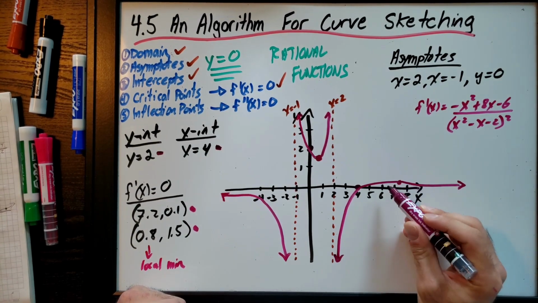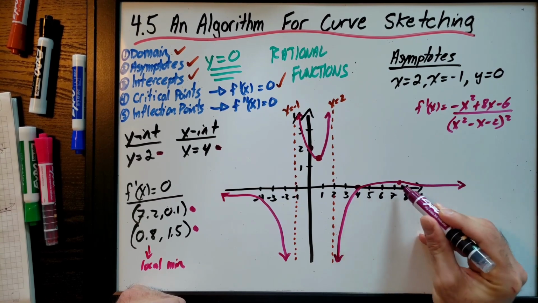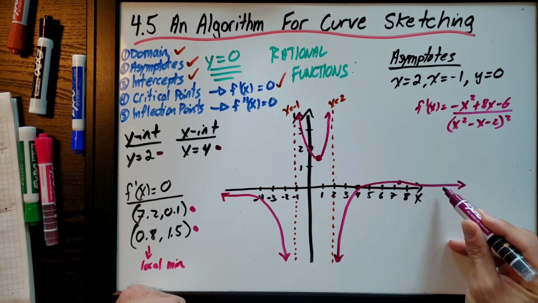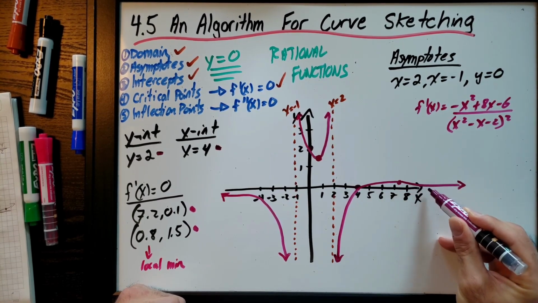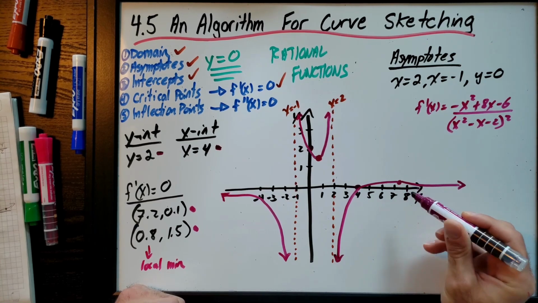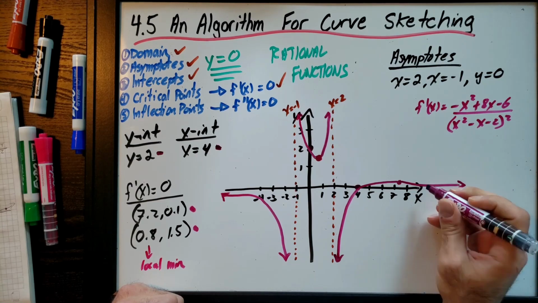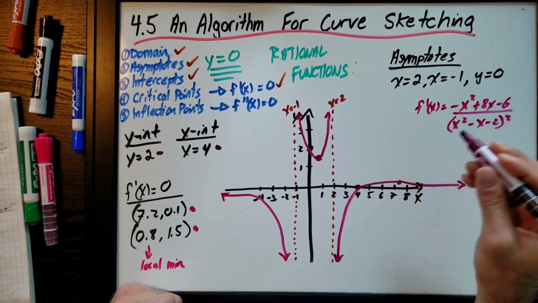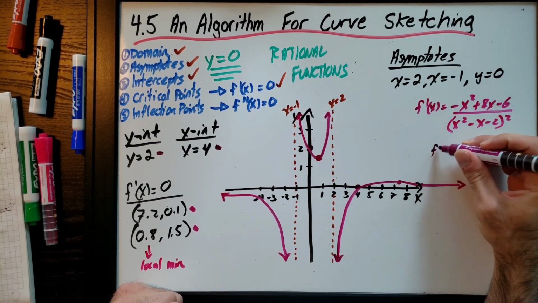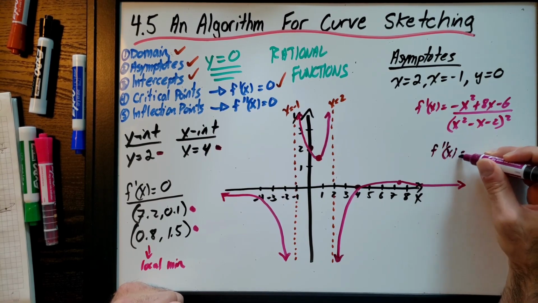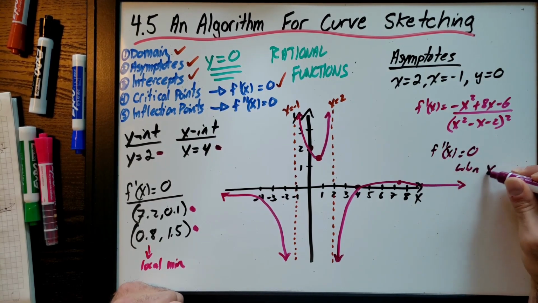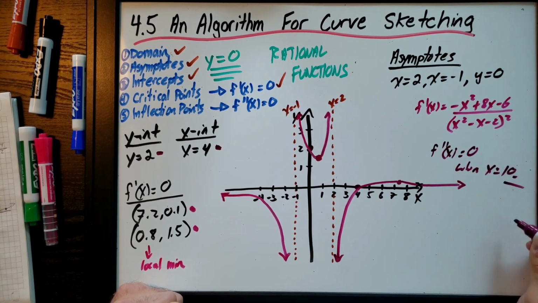I want you to take a look at this thing that's happening right here. So there should actually be another inflection point out here somewhere that changes the concave down to concave up. Okay, this happens like maybe around here somewhere. And if I find the second derivative, I figure out that the second derivative is 0 when x, I think it's like 10 point something.